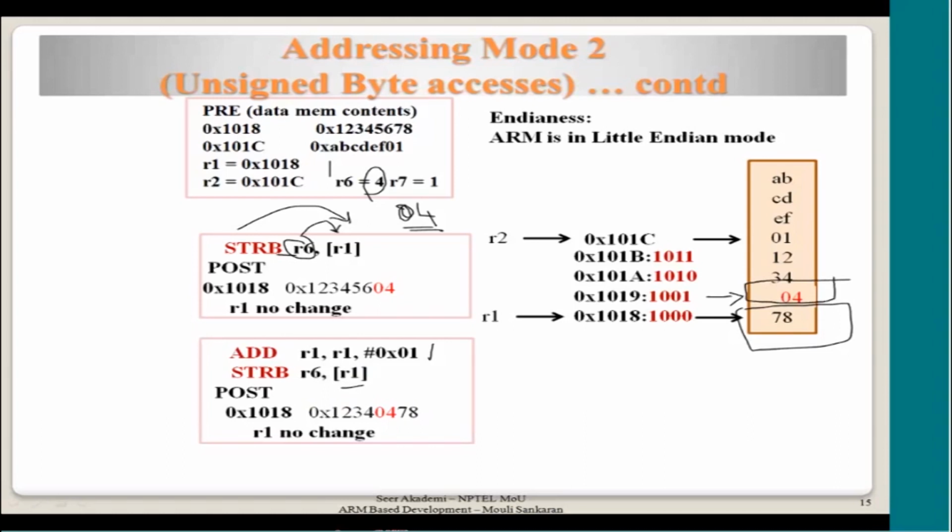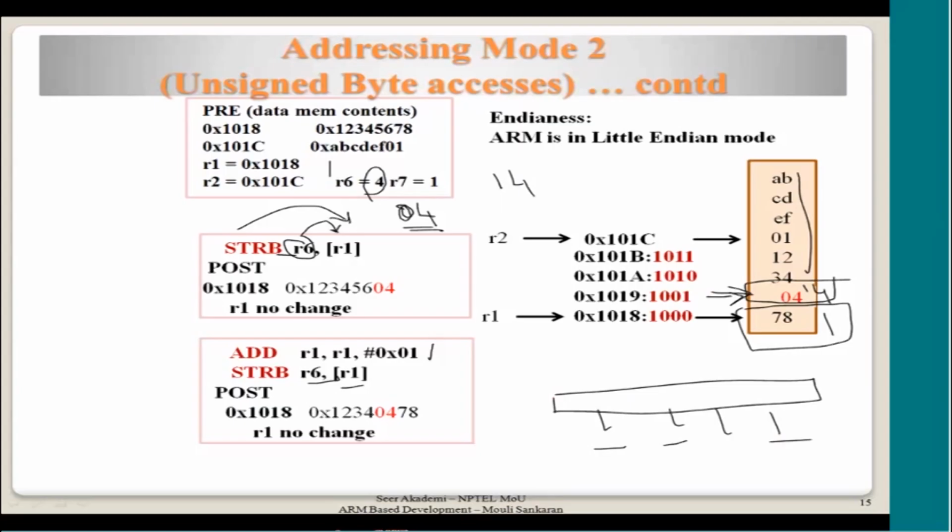If suppose R6 was having a value 14, you would have got 14 getting written here. So the adjacent bytes are not disturbed. Please remember only the particular byte gets written into. Though I say that data memory, all 4 8-bit values will be sent with that 4 whatever it is.